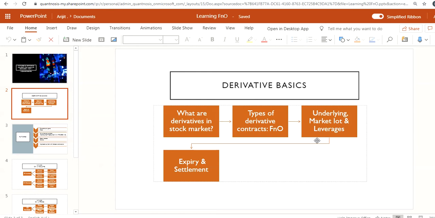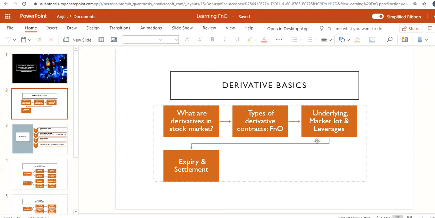If the value of the underlying is 100 rupees and you're trading 5,000, you don't actually have to pay 500,000 or 5 lakh rupees for it, because the market provides you leverage on the margin available for derivatives, which means you only pay a certain amount for trading that particular derivative.